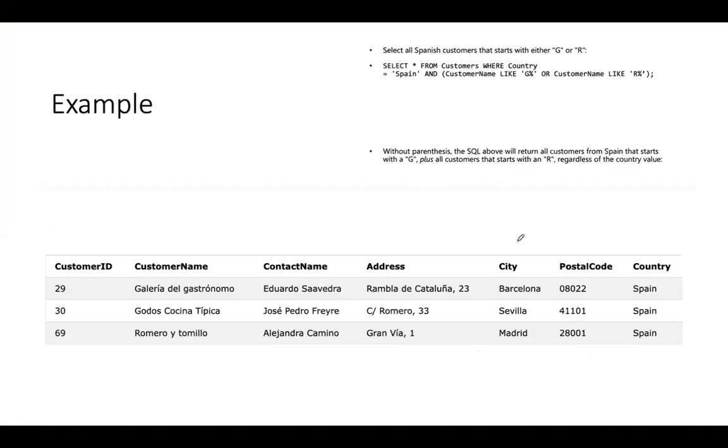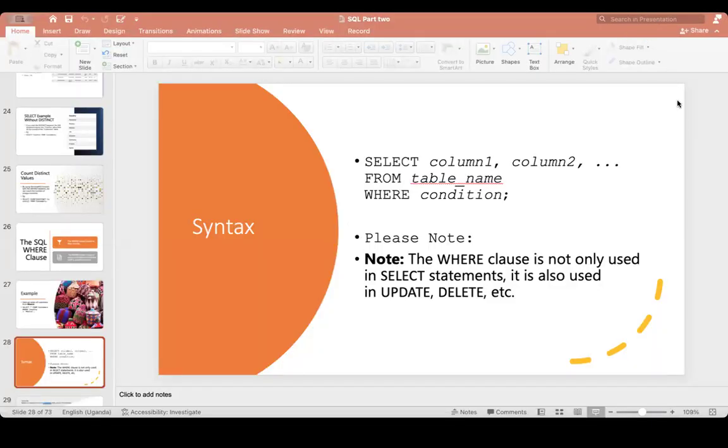Look here. We have this statement that says SELECT * FROM customers WHERE country = 'Spain' AND, and you open brackets, customer name starts with G OR customer name starts with R. So without these brackets, the SQL above will return all customers from Spain that start with G plus all customers that start with R, regardless of the country value.